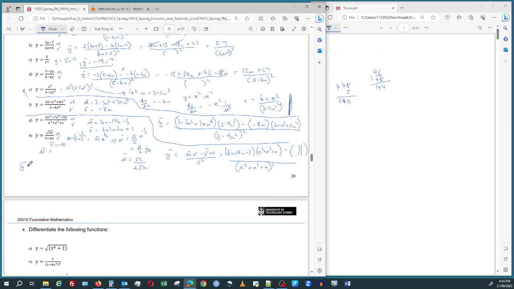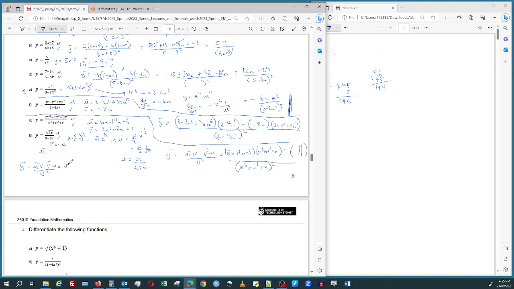y dash is equal to root 2x, starting off with the wrong thing. So there's a little bit of menagerie.